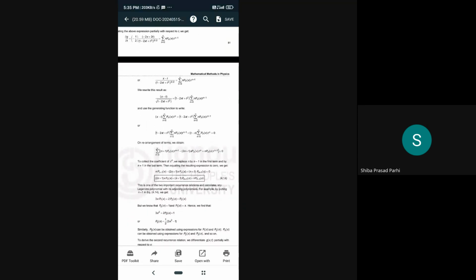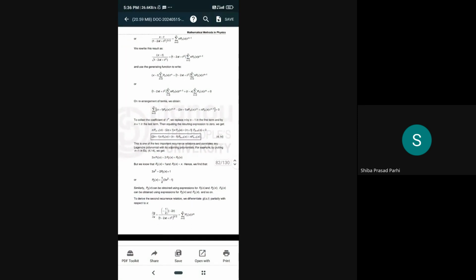And the final expression as shown in equation 4.14 is (2n plus 1) x Pn(x) is equal to (n plus 1) P(n+1)(x) plus n P(n-1)(x).